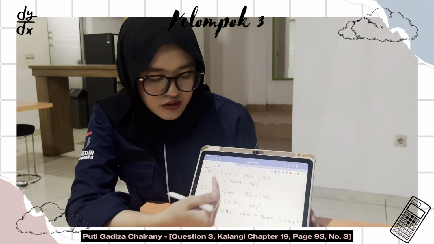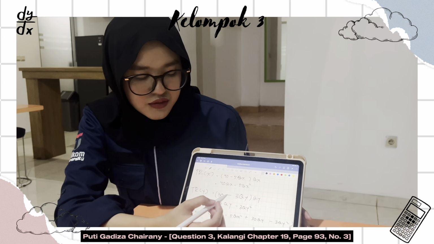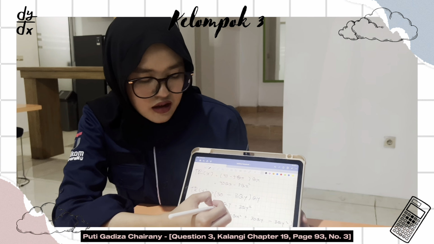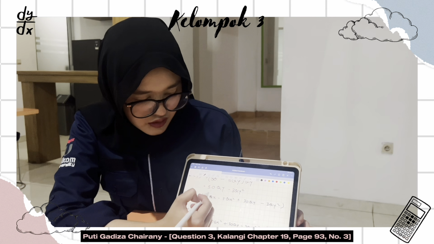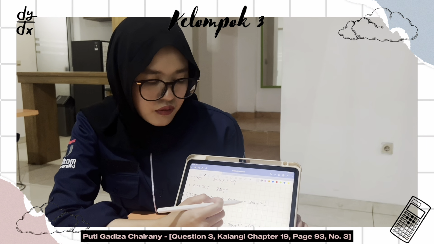And then the total revenue from function y: 30 minus 3qy times qy, and the result is 30qy minus 3qy squared. Then we put it together: 40qx minus 5qx squared plus 30qy minus 3qy squared.